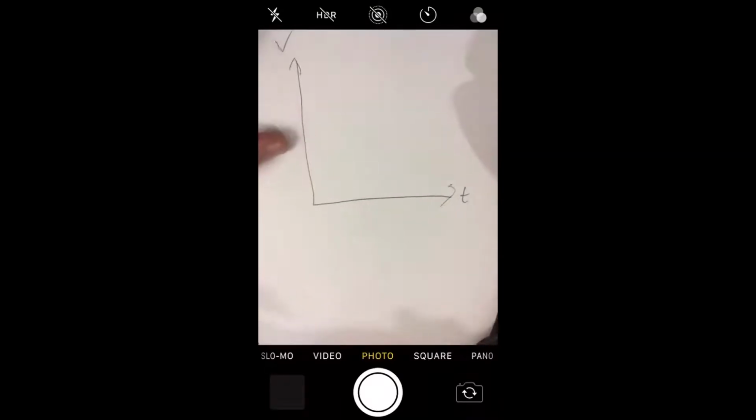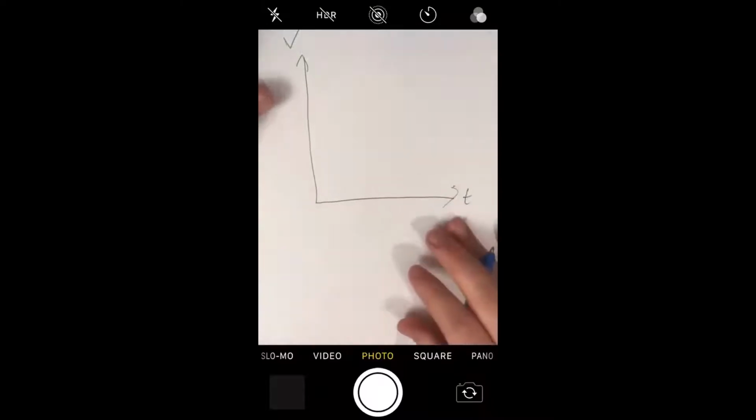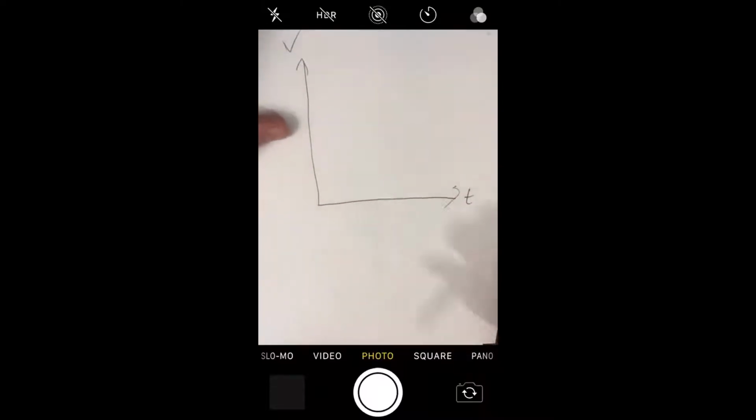Now, we're going to do something with a constant acceleration. So if it's a constant acceleration, that means the line on the velocity time graph has to be straight, because it has to have a steady gradient. Otherwise, it wouldn't be an acceleration. So we're going to do an acceleration in our picture that looks like this.